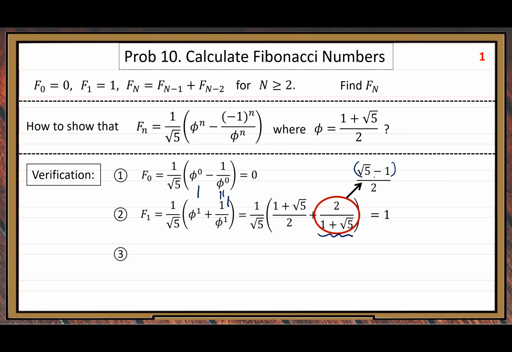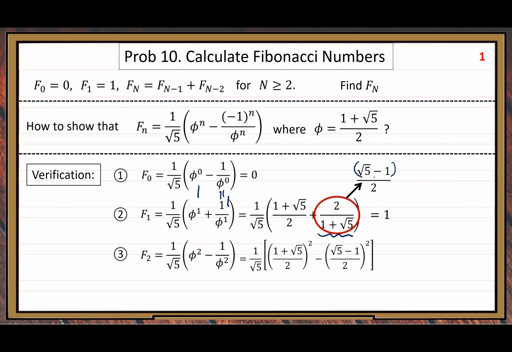Case 3, this time plugging in 2. Now you will see the expression becomes pretty complicated. This time you need to take the square of the golden ratio. But if we are very patient, we can still handle it. For the first square, we can apply the square of a sum formula, a plus b squared, so we can get the first fraction.